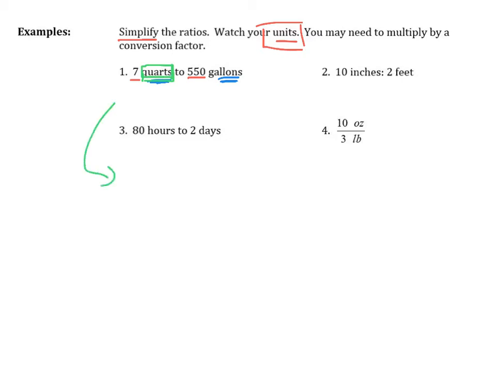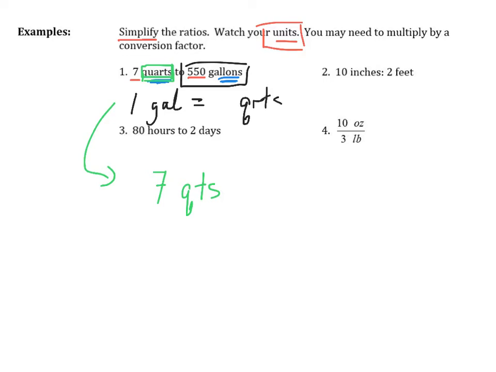I'm just going to write it down here. So I'm going to do 7 quarts, but then the problem is I need to change that 550 gallons into quarts. Well, first thing you need to know is 1 gallon is equal to how many quarts? Well, 1 gallon is going to be equal to 4 quarts, so now I got to deal with 550.